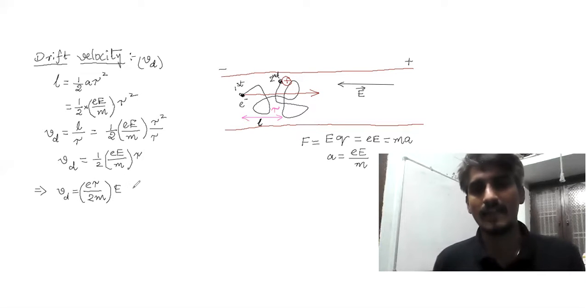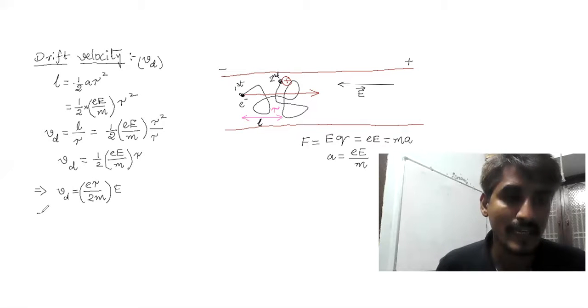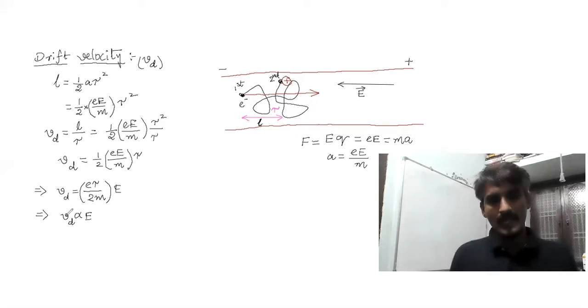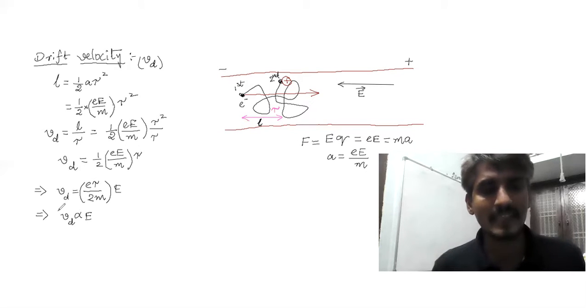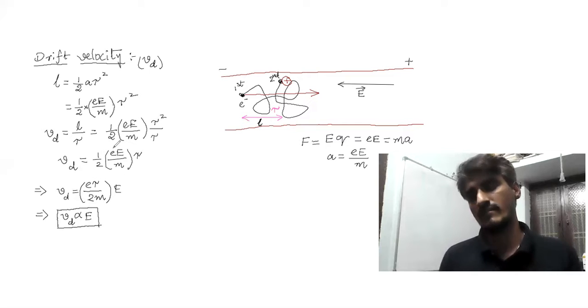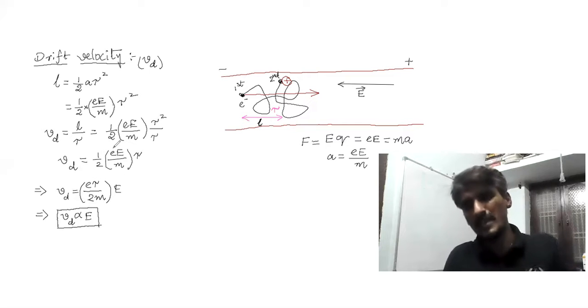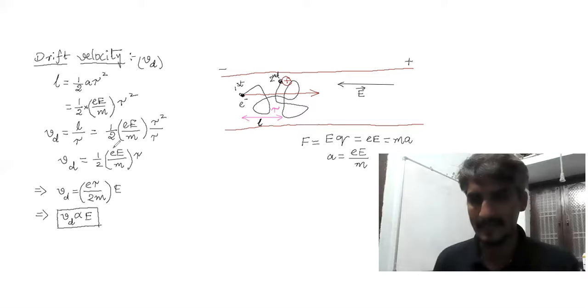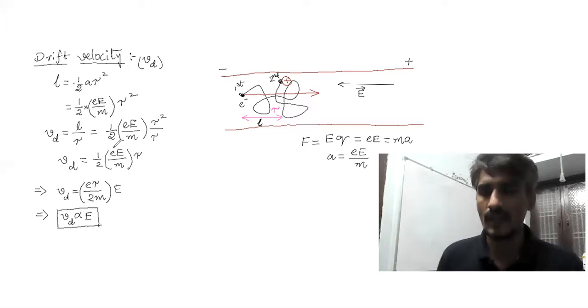This is the electric field. Therefore, we can write Vd is directly proportional to E. What do we understand from this relation? If we increase the electric field, automatically the electron moves faster. Am I right? The electron gains more drift velocity if the electric field is more.